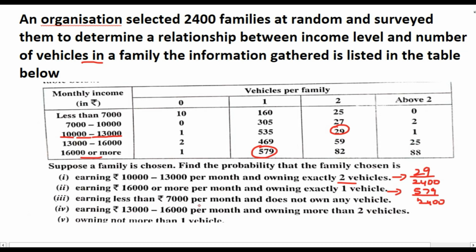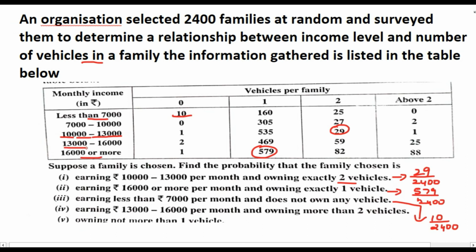Now earning less than 7,000 per month and does not own any vehicle. So less than 7,000, you should see this, and does not own any vehicle. So that will be 10 by 2,400. And earning 13,000 to 16,000 per month and owning more than 2 vehicles.